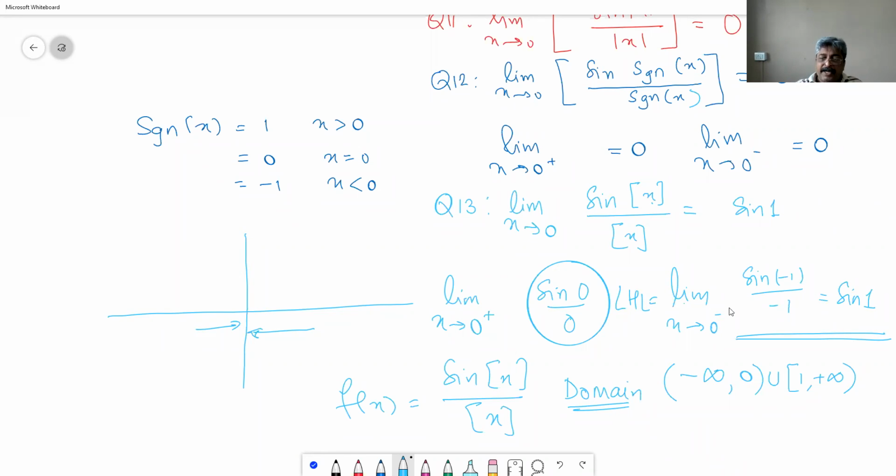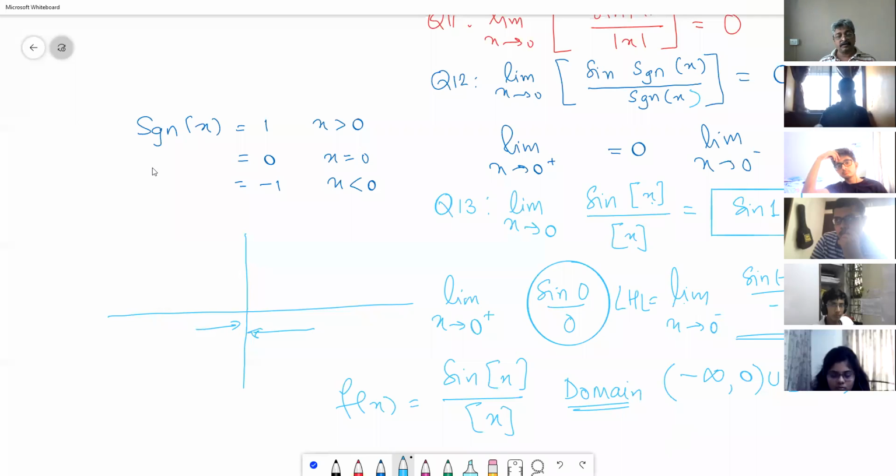And for the right hand limit, there is no question of a right hand limit, because the domain does not allow you to take it. And therefore, the answer is sine 1. It is because you are supposed to evaluate from only one side and not the other. Any questions? So the limit is sine 1.